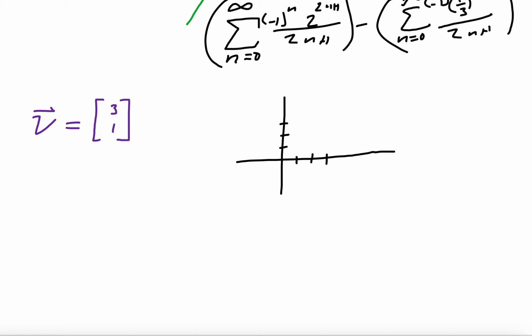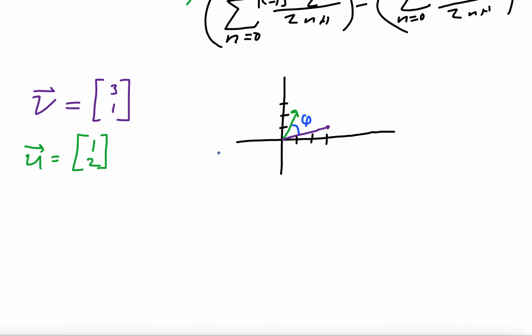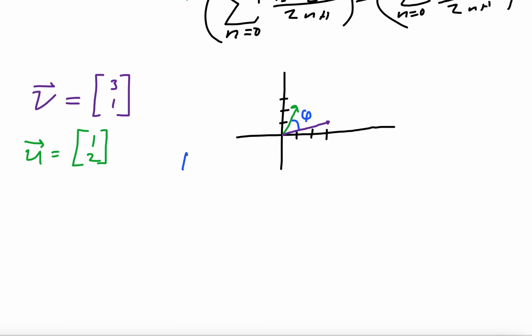Let the u vector be equal to 1, 2, where the rise is 2, the run is 1, so the slope is 2. You can see here on the graph, this is our u vector, and this is our v vector. The angle between them, we're going to call phi, and we've got to find phi.